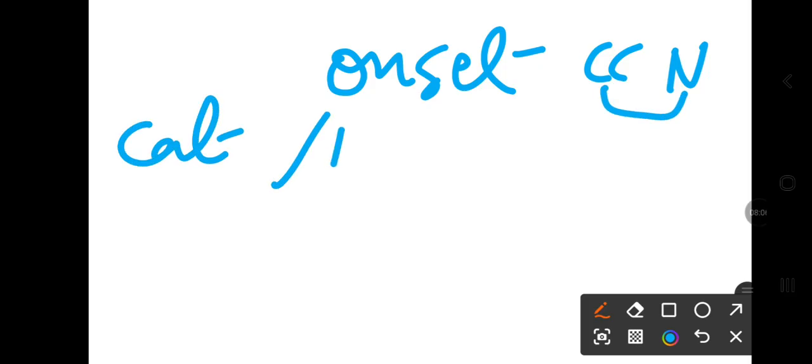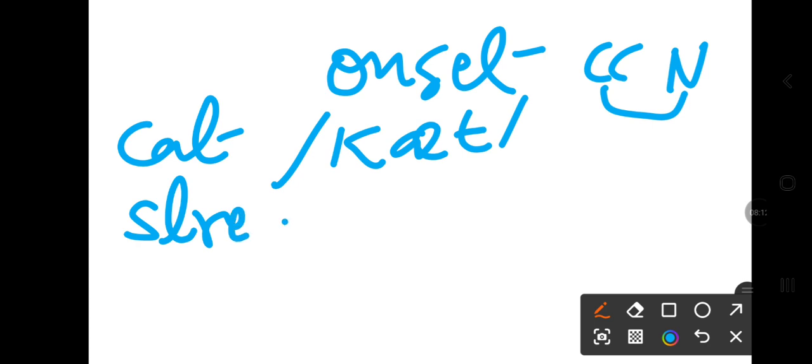Phonetic transcription of cat is cat, street, and at.